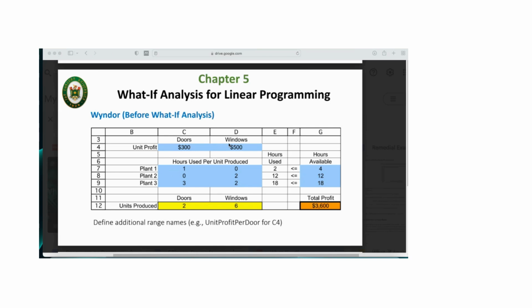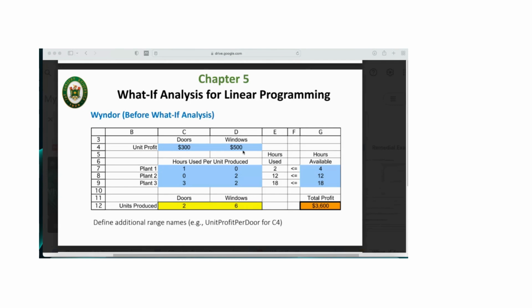So we have $300 and $500 as the parameters in this model. The parameters in the objective function are this coefficient 300 and the coefficient 500.